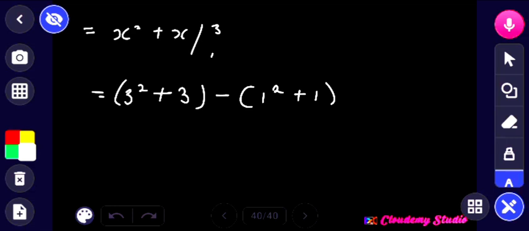That's going to give you 9 plus 3 minus 1 plus 1, which is 2. So 9 plus 3 will give you 12, right? 12 minus 2 equals 10, which means the answer equals 10 meters squared. That's the area under this particular curve.